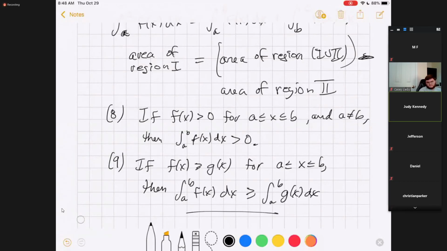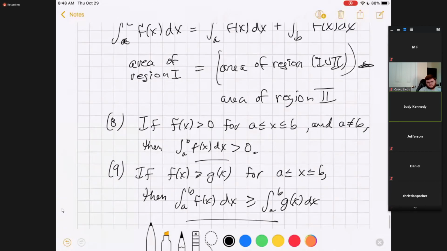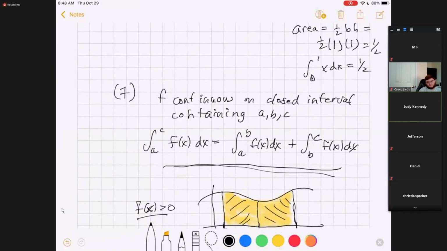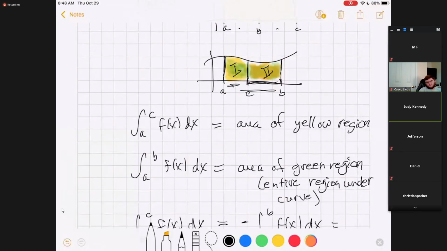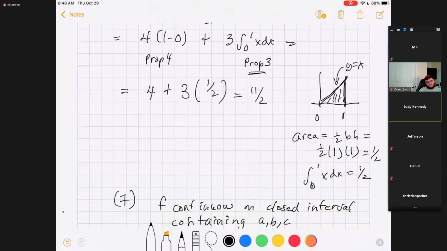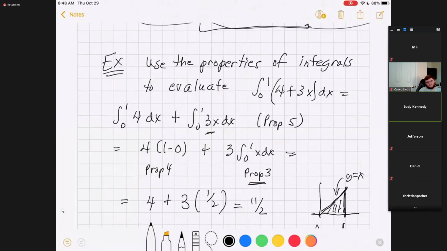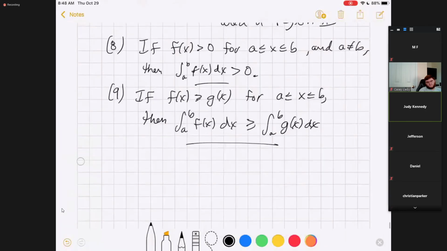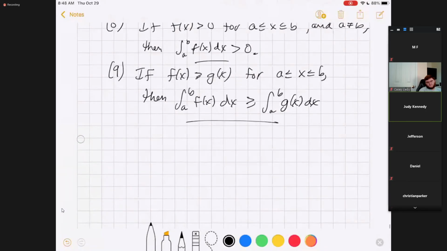And actually, this rule follows from this and from rule 6. Okay. So it's what you call redundant. Okay, I'm going to write this in, but again, this is going to follow from everything else we've said.